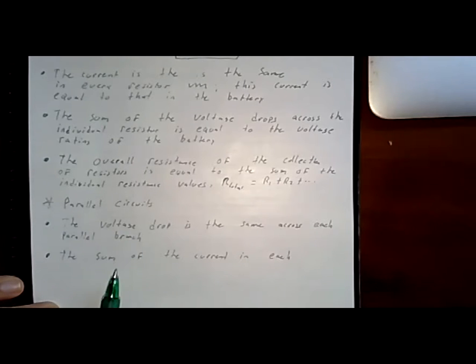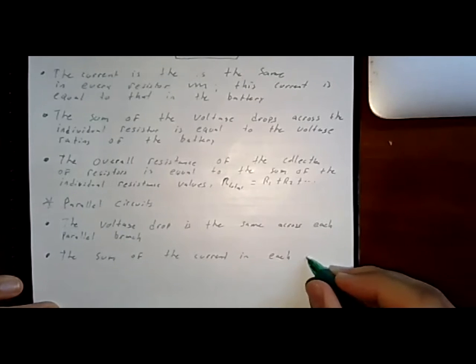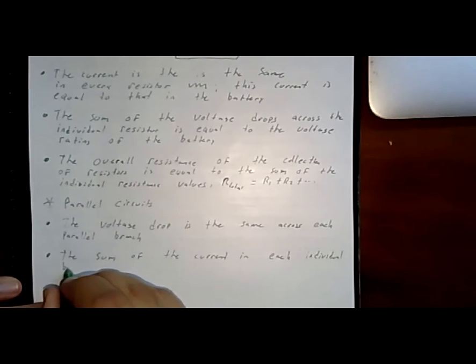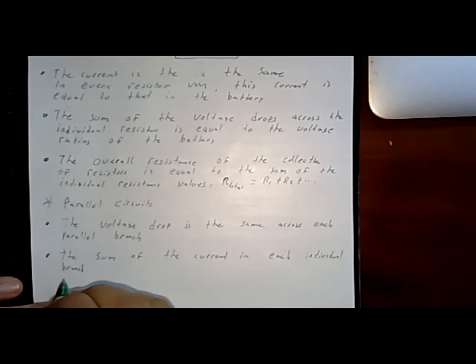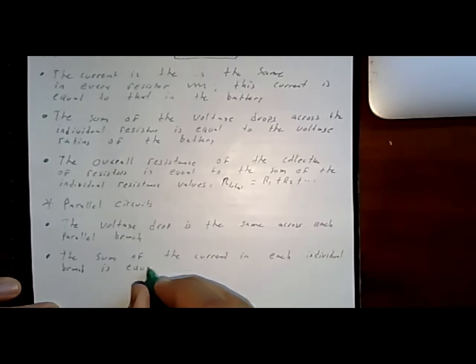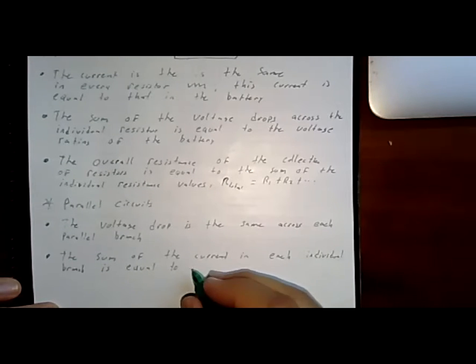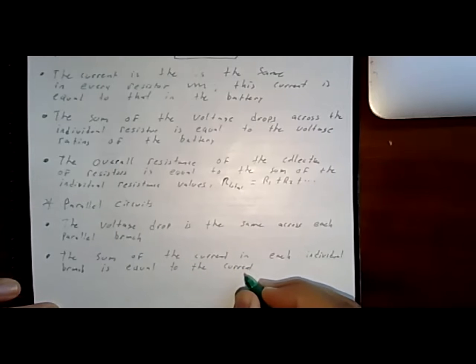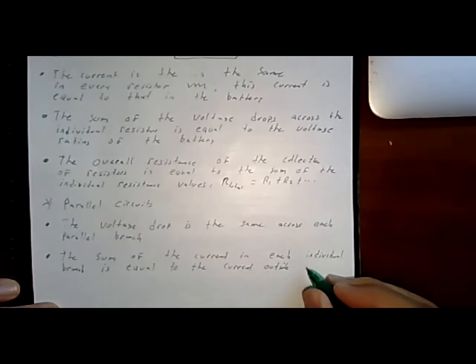The sum of the current in each individual branch is equal to the current outside the branches.